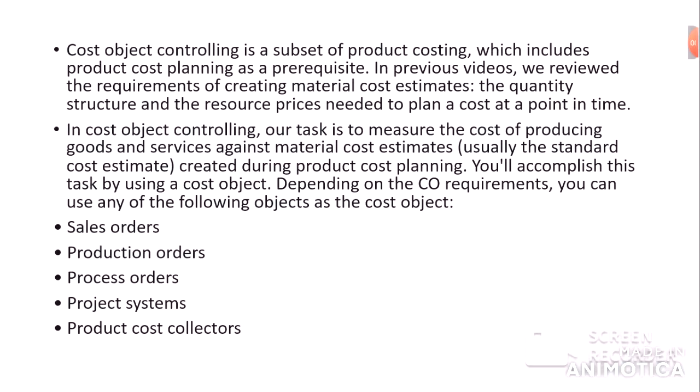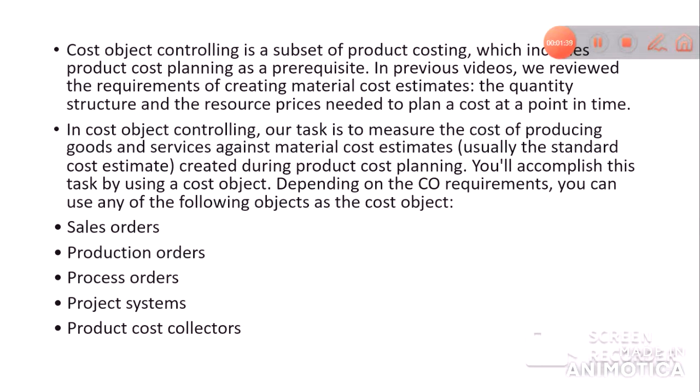In cost object controlling, our task is to measure the cost of producing goods and services against material cost estimates, usually the standard cost estimate created during product cost planning. You will accomplish this task by using a cost object.